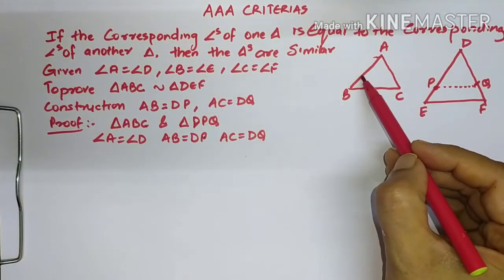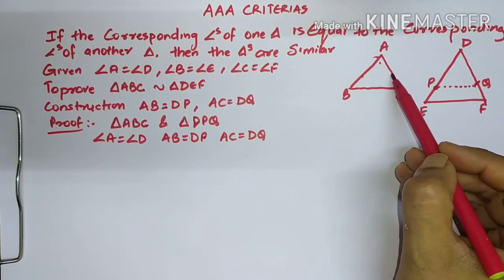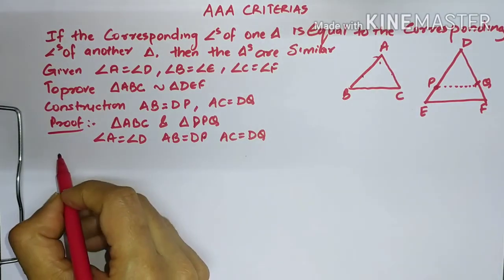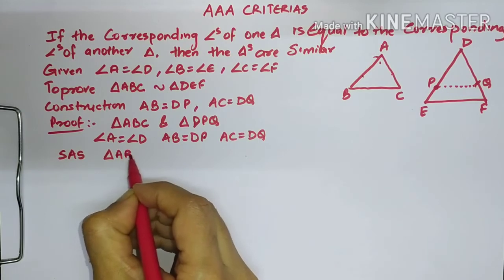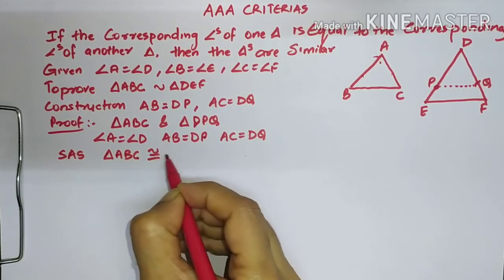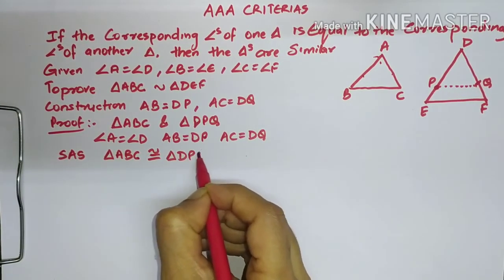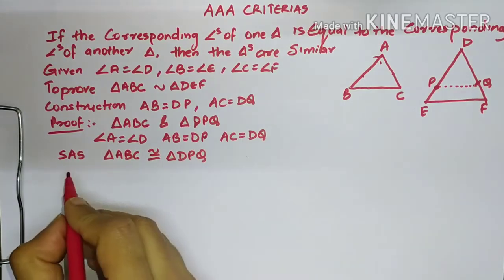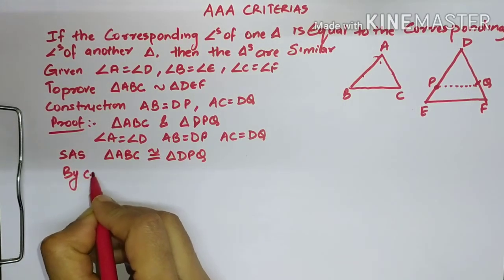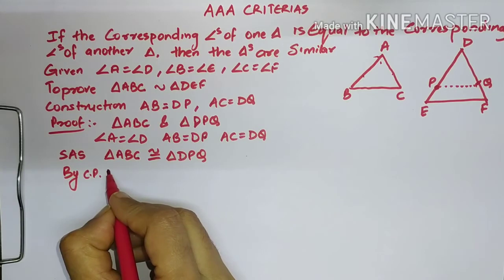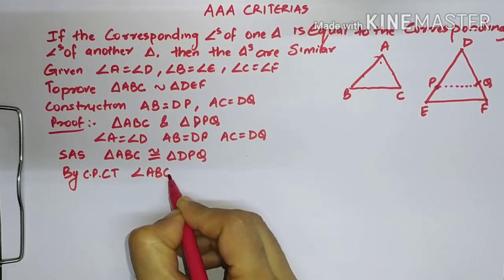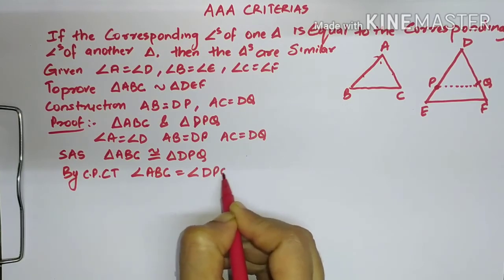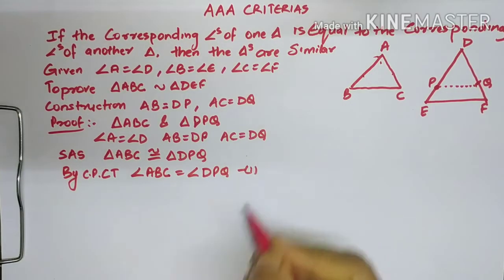So can I say this is SAS criteria? By SAS criteria, triangle ABC is congruent to triangle DPQ. Okay, so by CPCT, that is congruent parts of congruent triangles, we can prove that angle ABC is equal to angle DPQ. I'll mark this as 1.